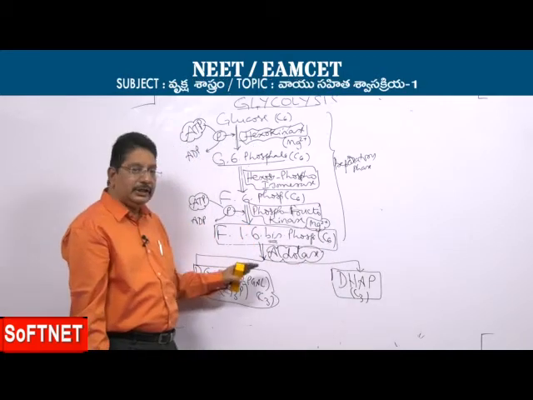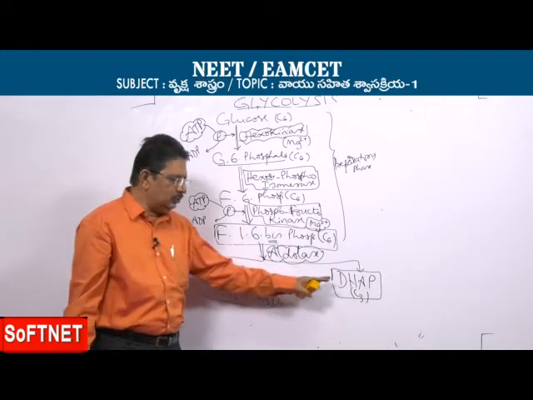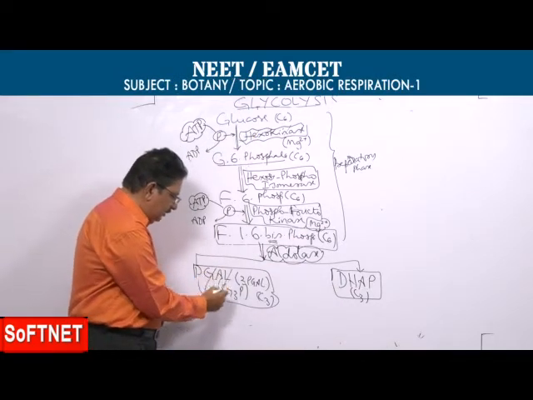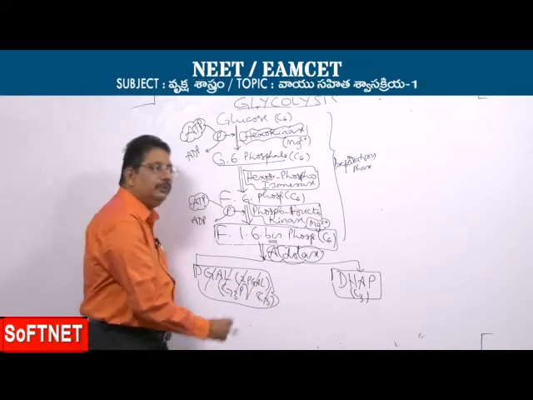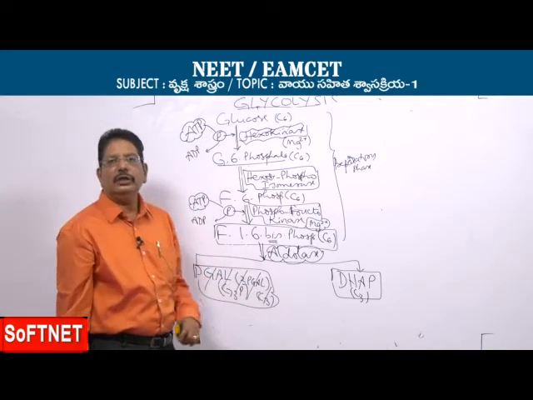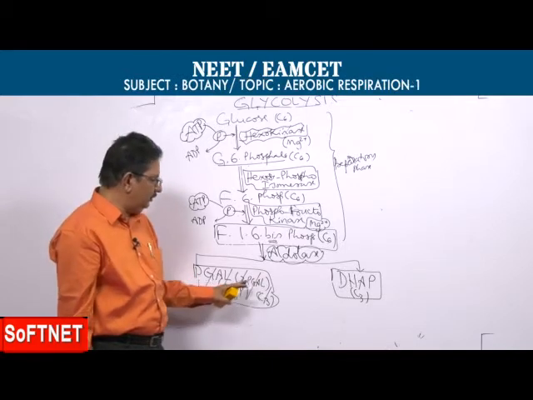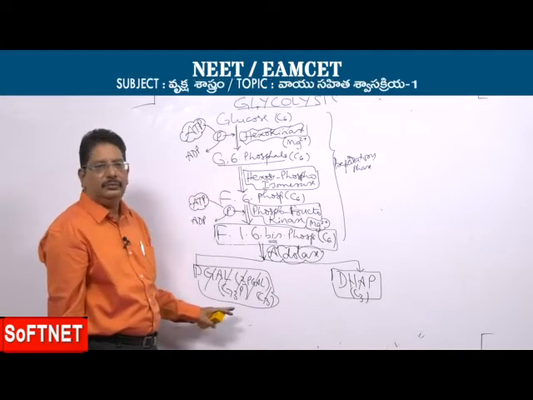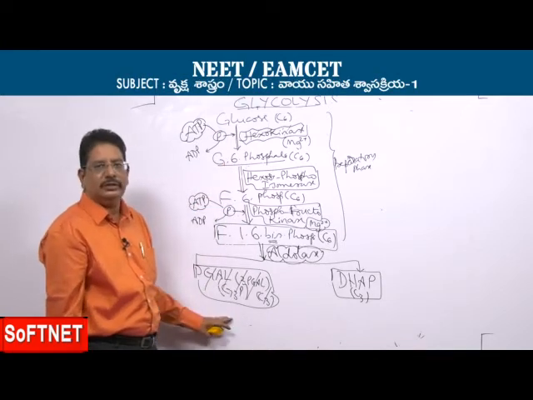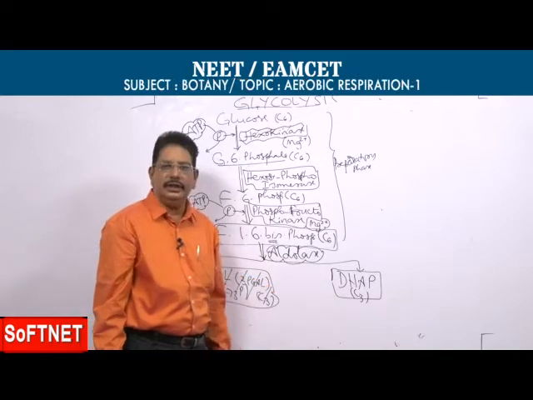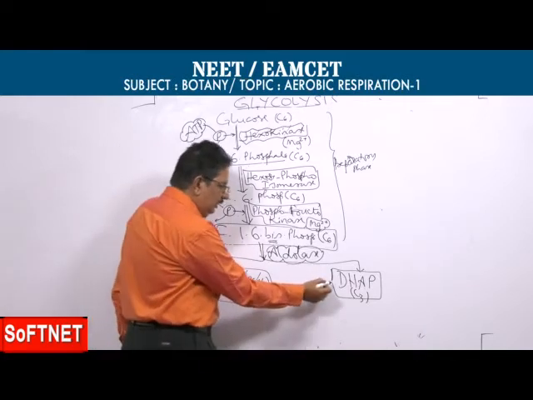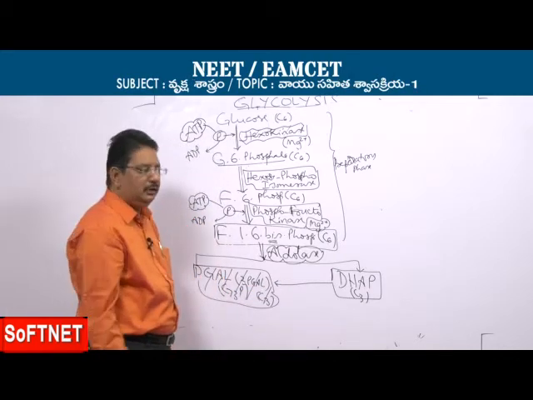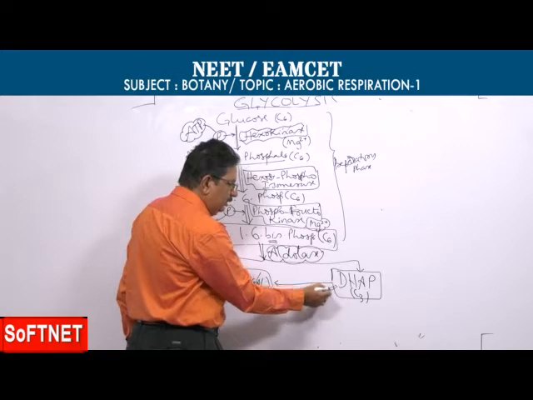But coming to the actual event, among the two, only PGAL is a suitable compound for actual oxidation. So, what I mean, PGAL is the right kind of glucose form ready to undergo oxidation, but not DHAP. That is why the DHAP molecule may convert into PGAL by means of an isomeric reaction.